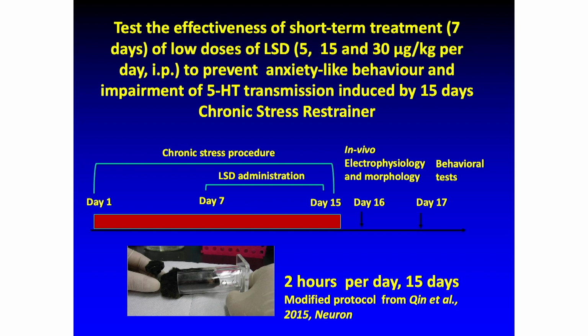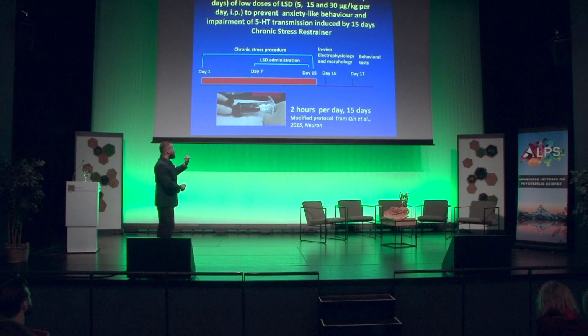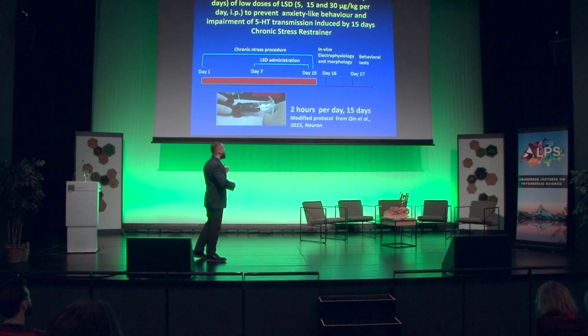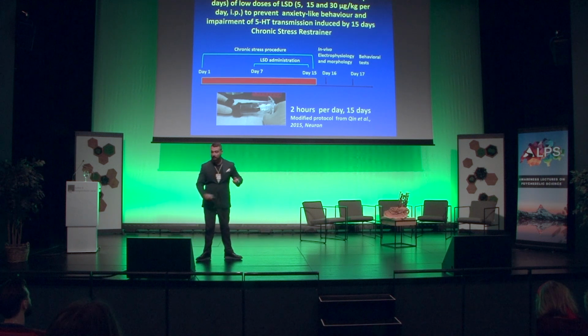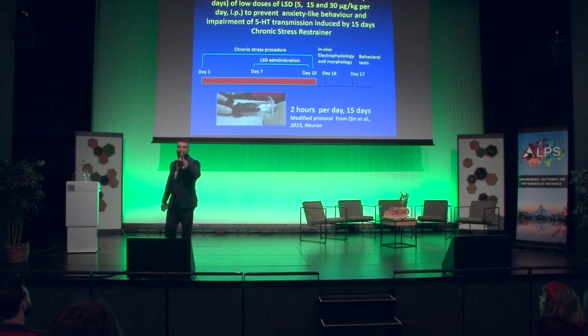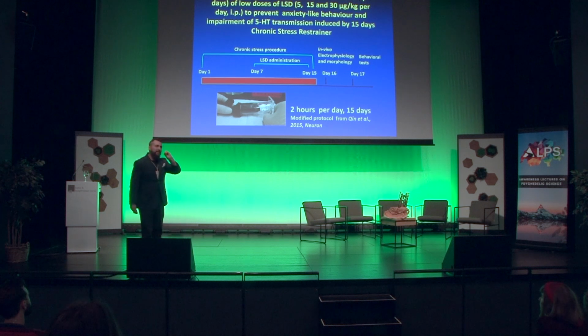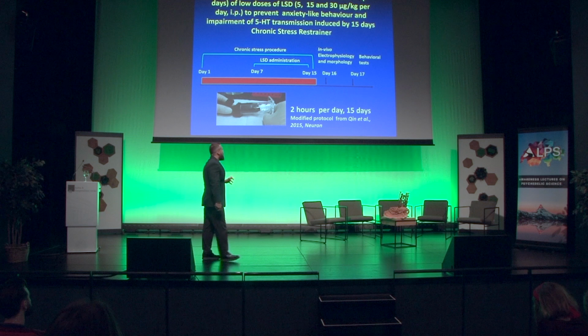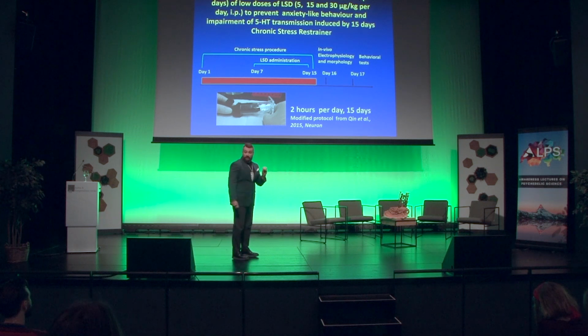And we administered LSD for 7 days, in the last 7 days of the chronic stress procedure, and then we performed electrophysiological activity recordings and behavioral tests. But first of all, we wanted to understand what is the effect of LSD in non-stressed animals on the serotonergic activity.